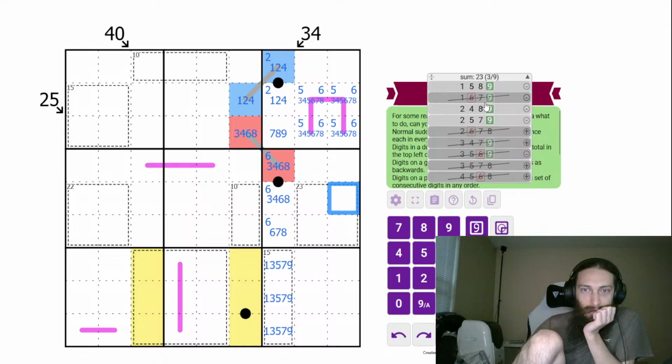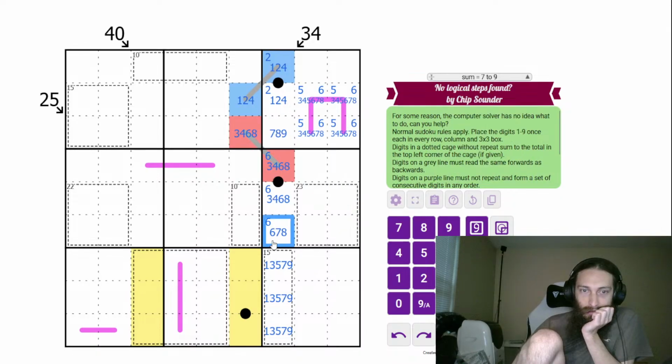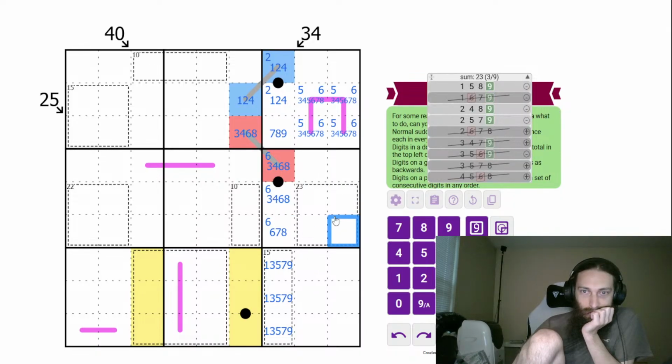If this has an 8 in it, that's an 8 and that's a 7. If it has the 7 instead, can this be 8 and that 7?